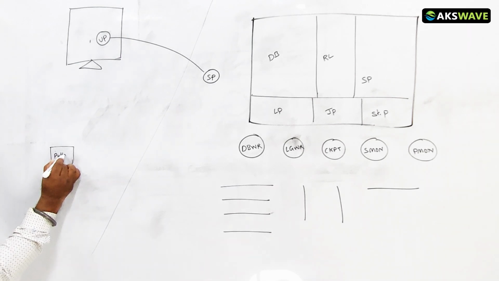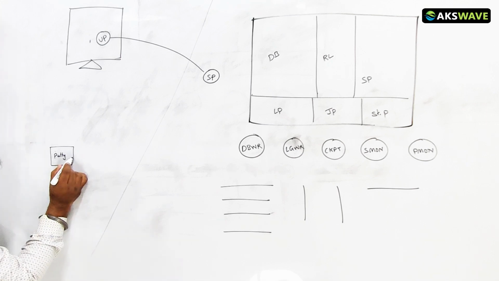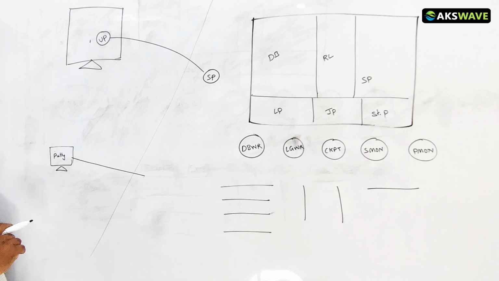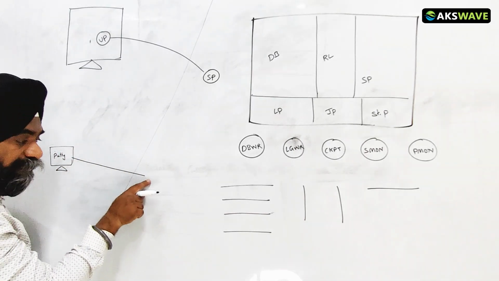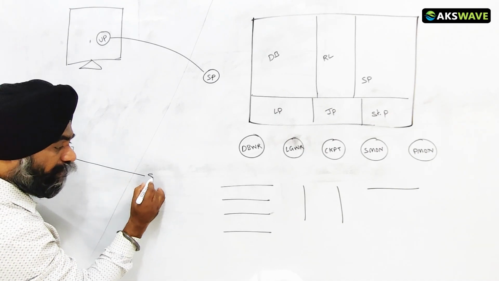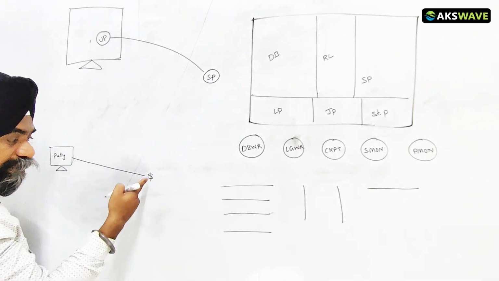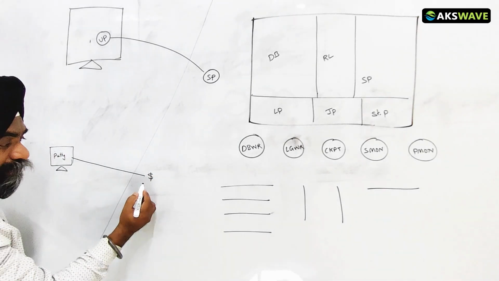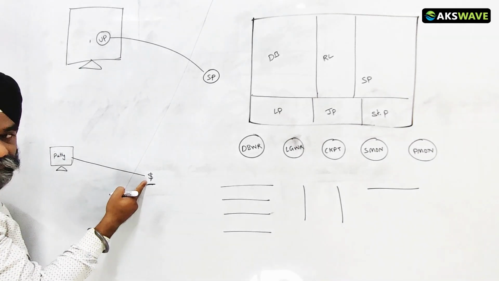Some PuTTY tool, or MobaXterm. Using that, you connect to the database server. In your SQL practice, you did this, right? From the PC you connected to the database server and got a prompt there. You connected to which user there? Not a database user. You connected to an OS user.